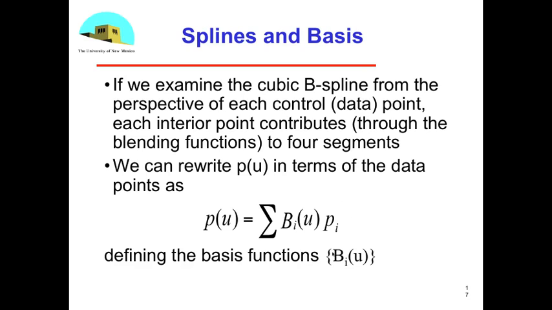If I write the entire spline for all of the data points, then I have functions b_i of u times each of the data points. Rather than looking at all 4, I put everything together into a single function, but this function b_i of u is 0 except for the 4 segments where that data point p_i is going to be used. It's going to be 0 every place else.